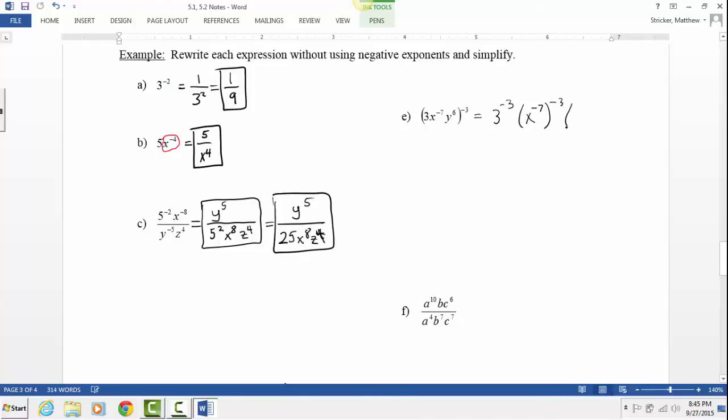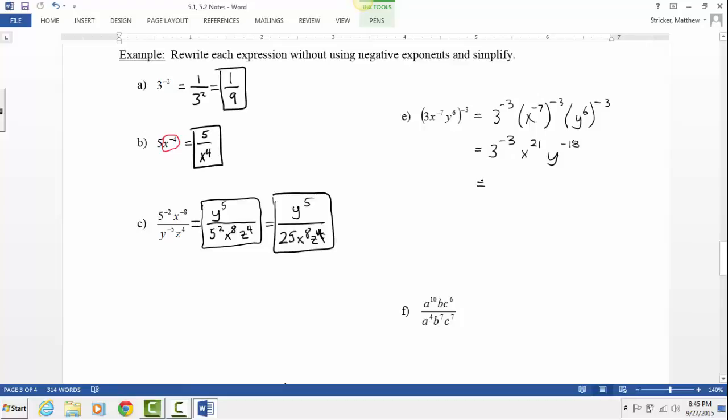And this is y to the 6th raised to the negative 3 power. I'm going to rewrite the 3 to the negative 3 for now. Remember, when we raise a power to a power, we multiply these. So we have a negative 7 times a negative 3. That's a positive 21 as a power for x. Then we have y. 6 times negative 3 is negative 18.